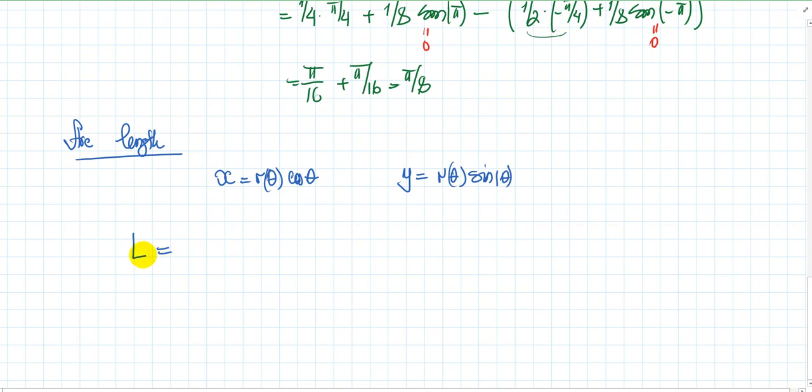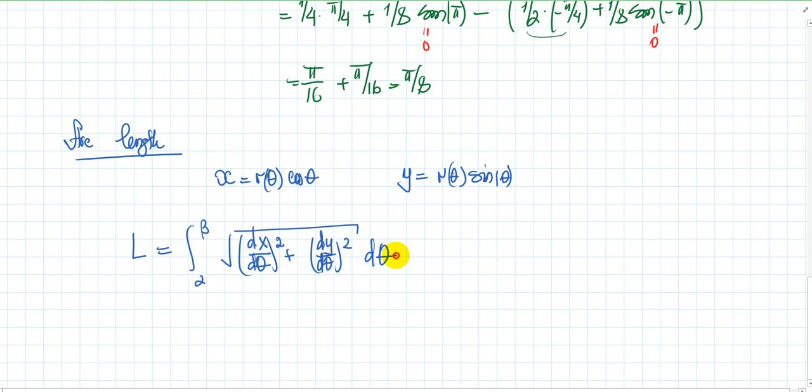The length of a curve in parametric form is going to be the integration from alpha to beta of the square root of the derivative of x with respect to the parameter squared, plus the derivative of y with respect to the parameter squared, with respect to theta. Previously, our parameter was t, and we used to write the length as the integration of the square root of x dot squared plus y dot squared.